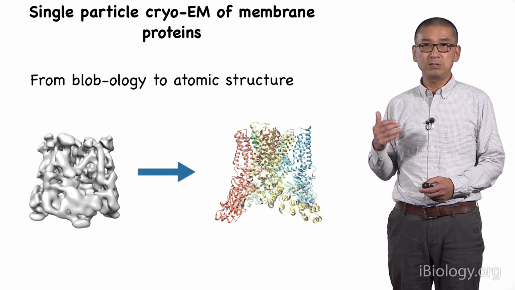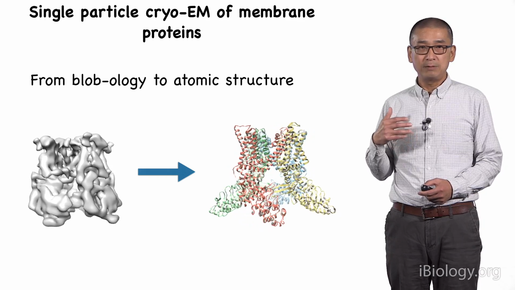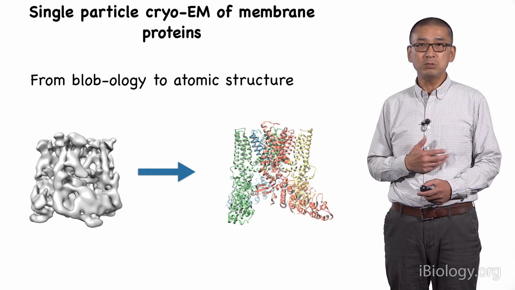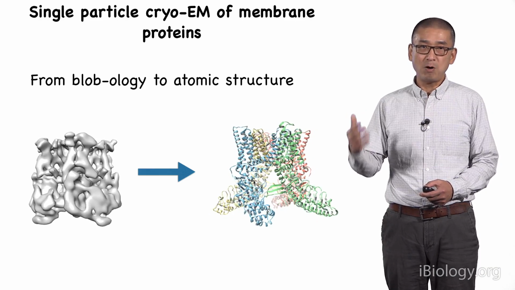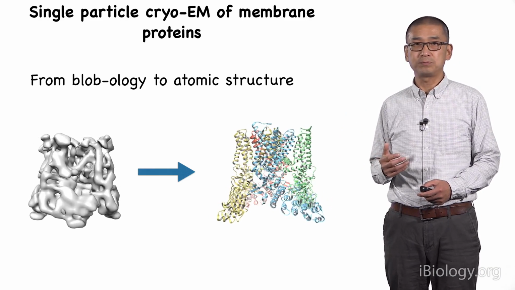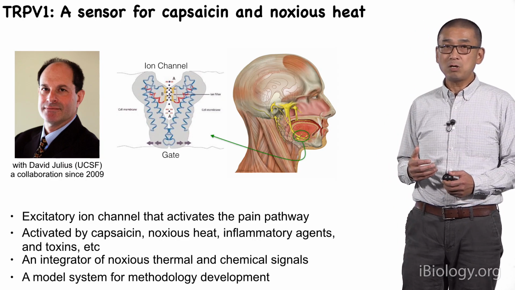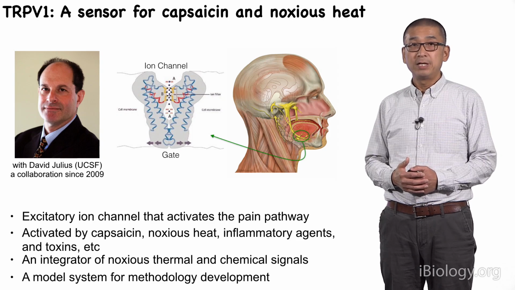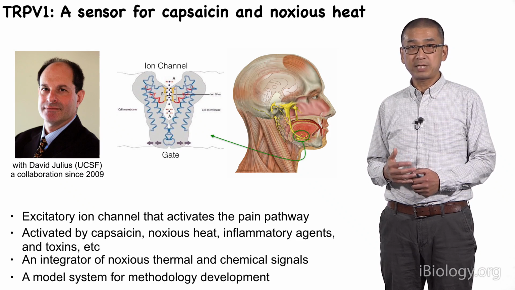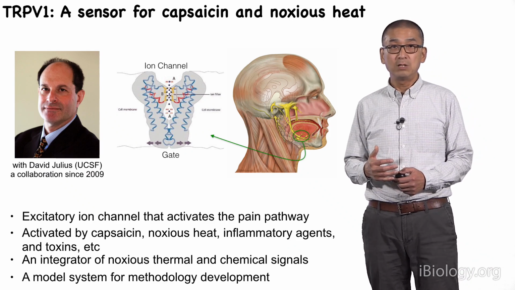In this talk, I'm going to take you through one of our recent works, which illustrates the transition from blobology to atomic resolution. A major target of our laboratory is the ion channel called TRPV1. This is a sensor for capsaicin and noxious heat.